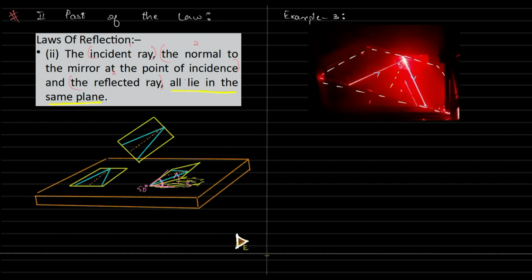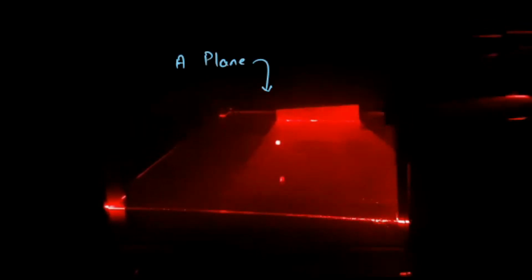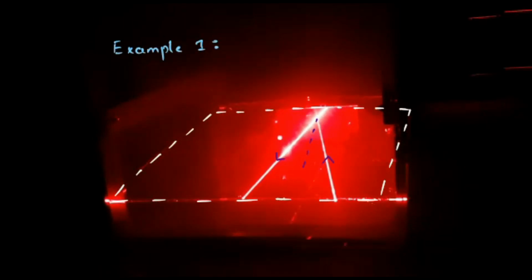So the video shows a plane. Now I have an incident ray and a reflected ray. So example one, it's very clear. The incident ray, the reflected ray, and if you imagine a normal, they are in the same plane.